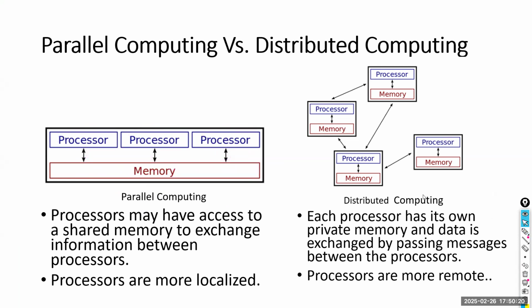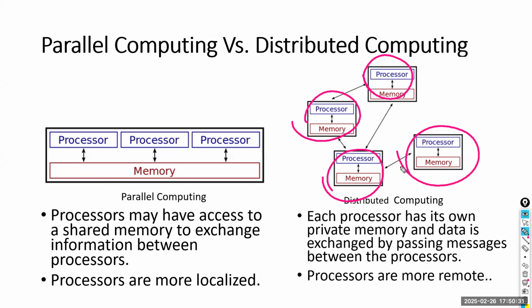Then what about distributed computing? Distributed computing means you have different machines, different hardware computers, each with its own processor and memory. Usually a program is executed on one computer, but there can be situations where a particular program is executed with the collaboration of multiple computers.